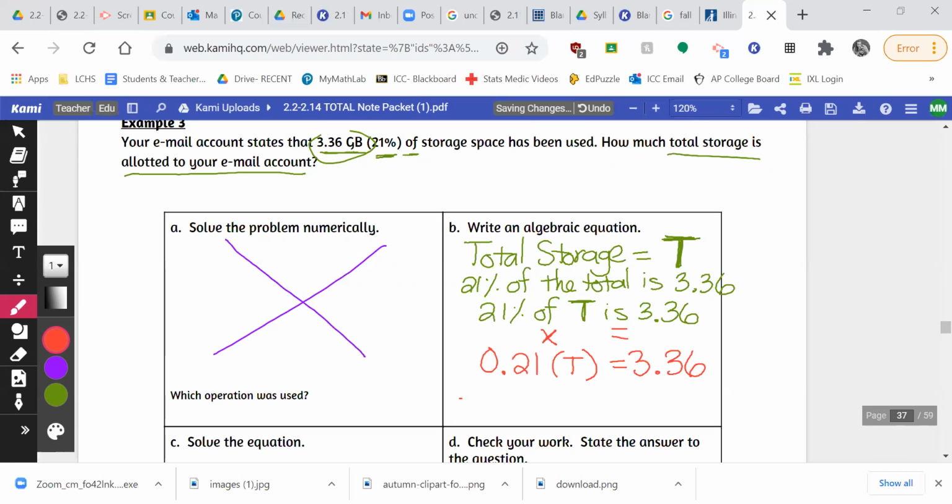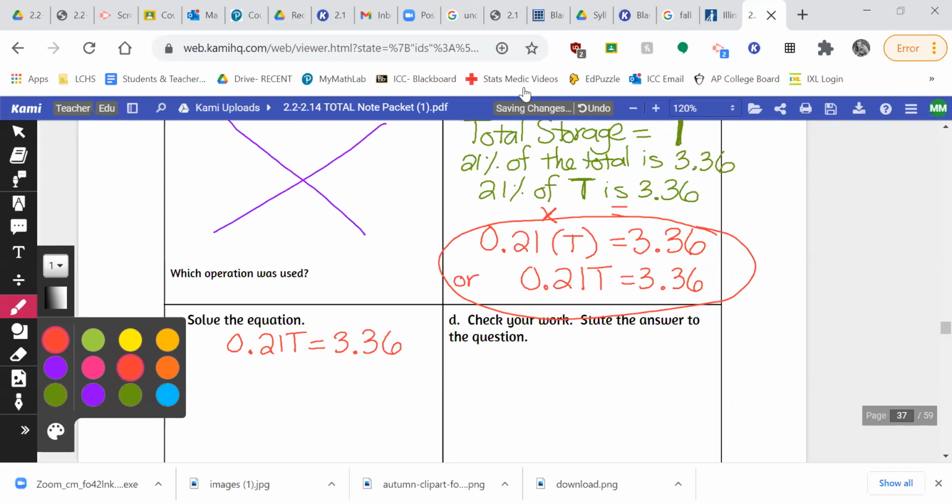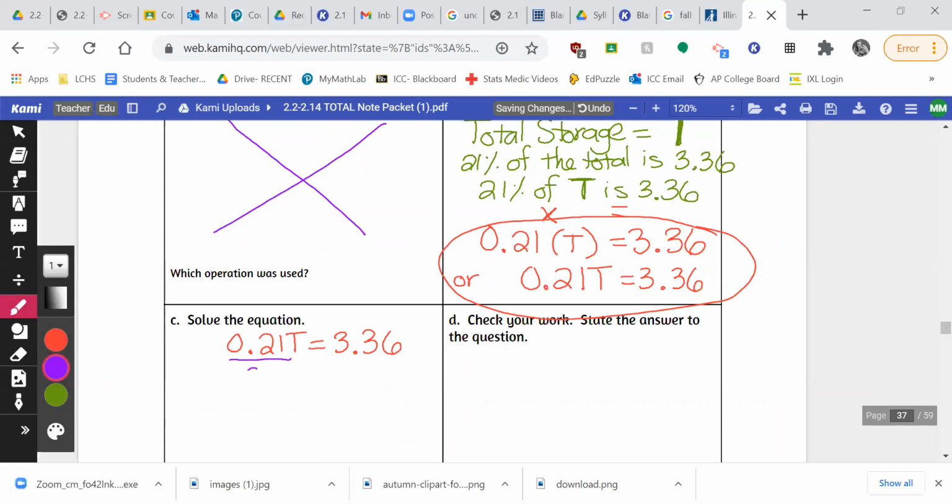Now you can write it that way, or you can write it without the parentheses. Either way is good. So we're going to go ahead and solve the equation. We know that 0.21 is multiplying with T. So to solve it, I'm going to divide both sides by 0.21.